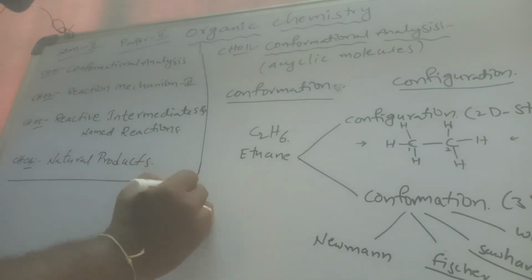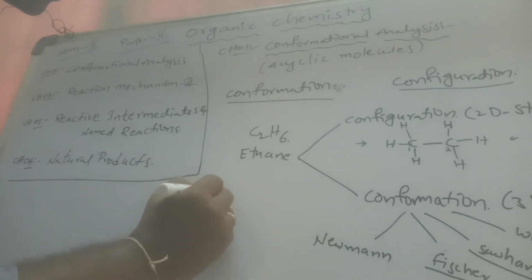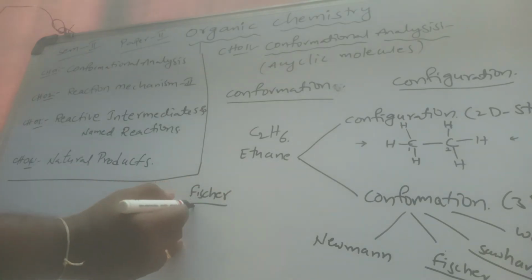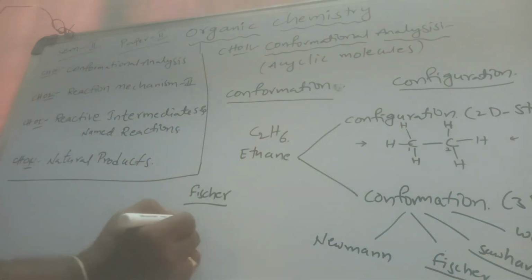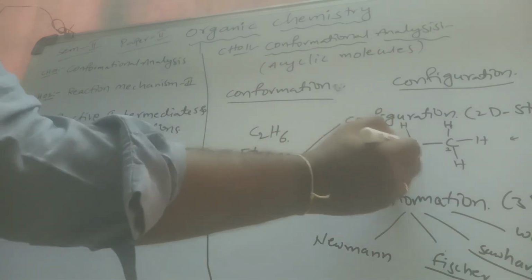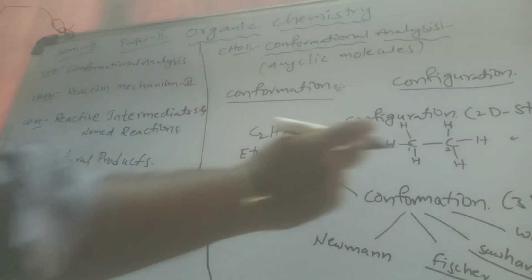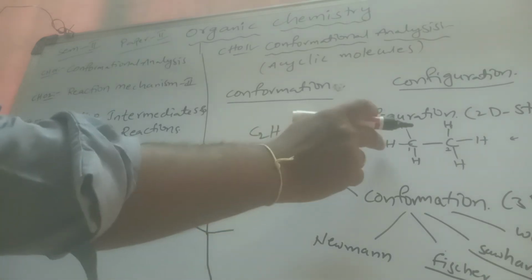First we go for the Fischer projection formula. How can we write the Fischer projection based on this molecular formula? So 2 carbons can be put like this, and in between we write the bond. Each carbon carries 3 bonds: 1 on the left side, 2 on the right side, 3 on the upper side.